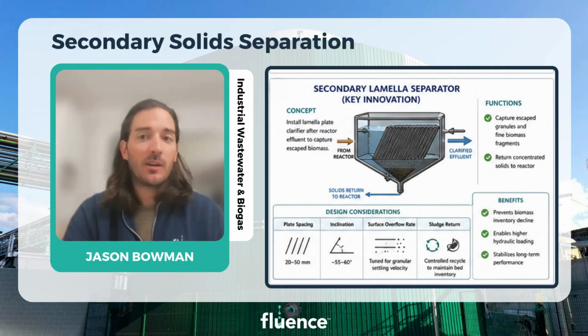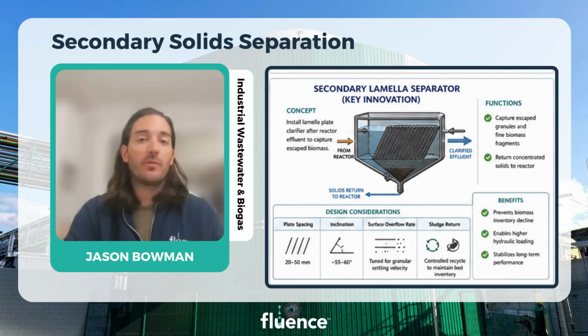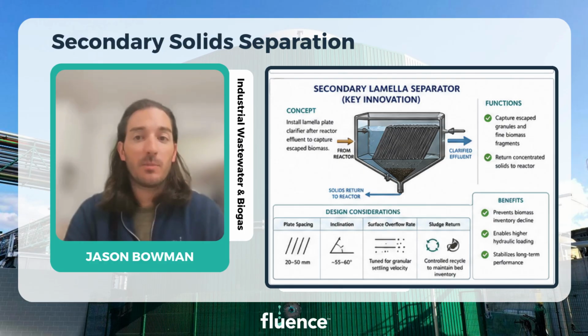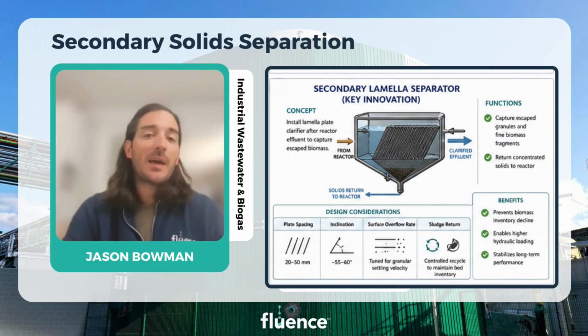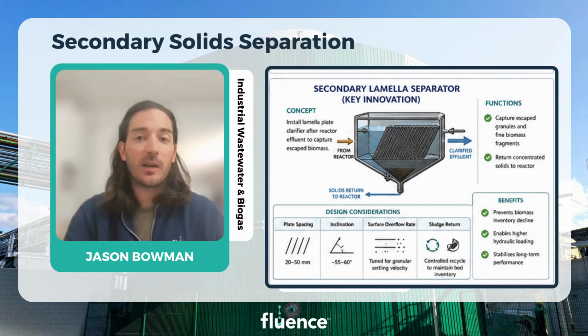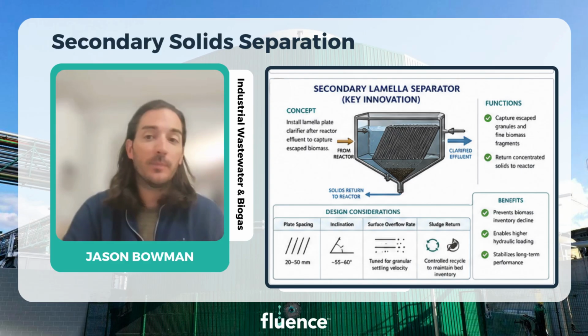By adding a secondary solids capture unit, we can now prevent biomass decline because we can enhance our biomass retention, and this helps to stabilize our long-term performance. The process is designed to capture the smaller finite granules that may escape the EFC process from time to time. And by capturing these granules, we can loop them back to the EFC and allow them to have further contact time and further development.